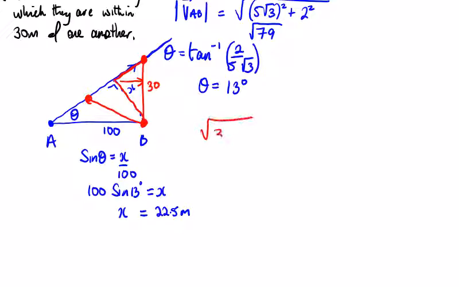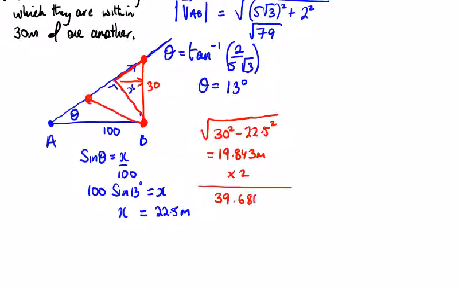So the square root of 30 squared minus x, which was 22.5, squared, gives me 19.843 meters. If I multiply that by 2, 39.686.